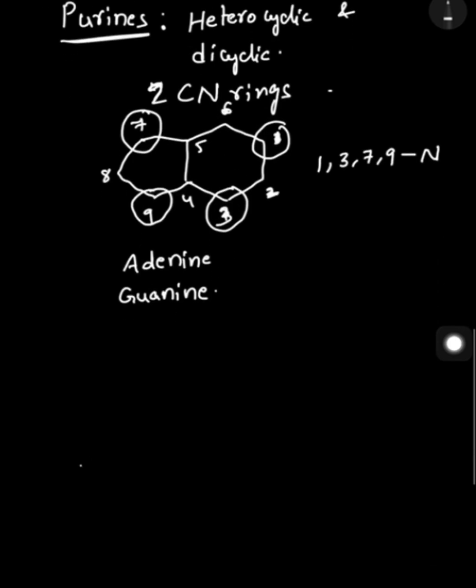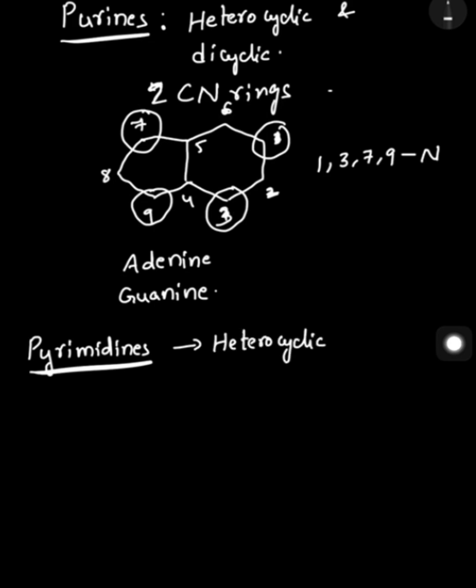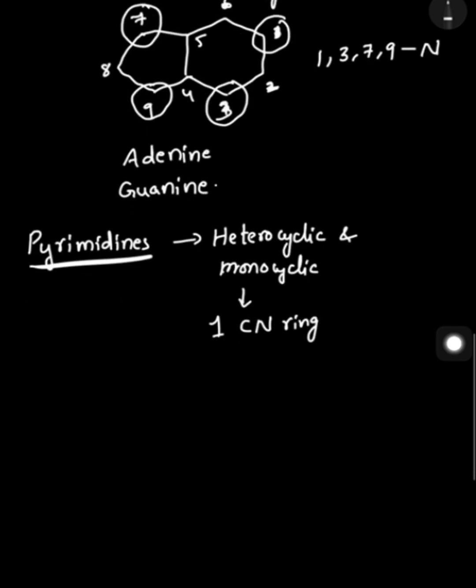Let's see pyrimidines. Pyrimidines are also heterocyclic, but they have only one ring, so we can say monocyclic. That too it is a hexose ring only, no pentose ring in the structure. So numbering from here 1, 2, 3, 4, 5, 6.